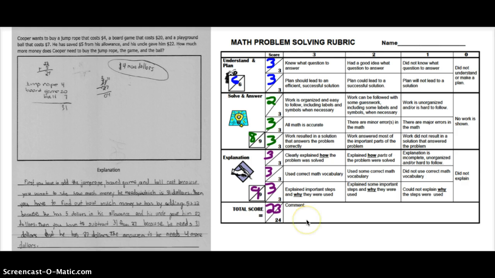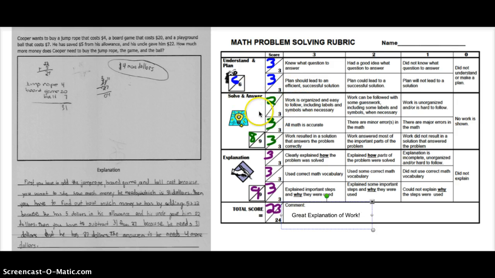So now that we have our score of 23 out of 24, we're going to go down to the comment section. And this section is very useful to help explain to the problem solver why they got the score they did. So I always try to start with a positive comment, such as great explanation of their work, and then I would also, if they didn't get a 3 in any of these areas, give them some guidance, some feedback about why they didn't.